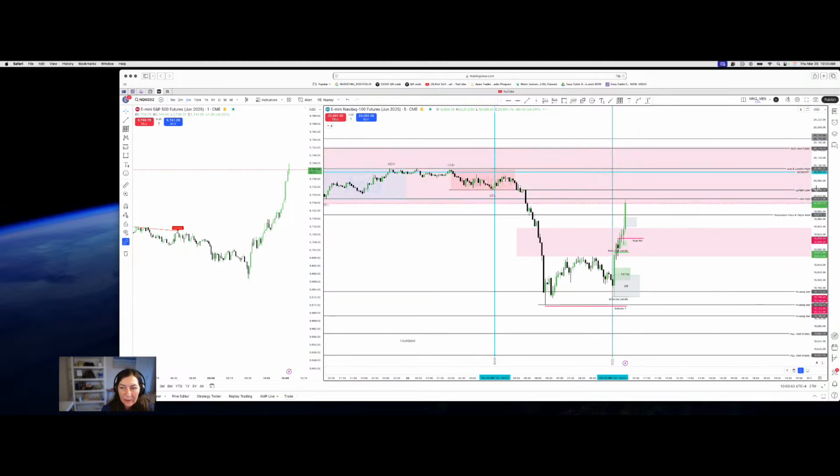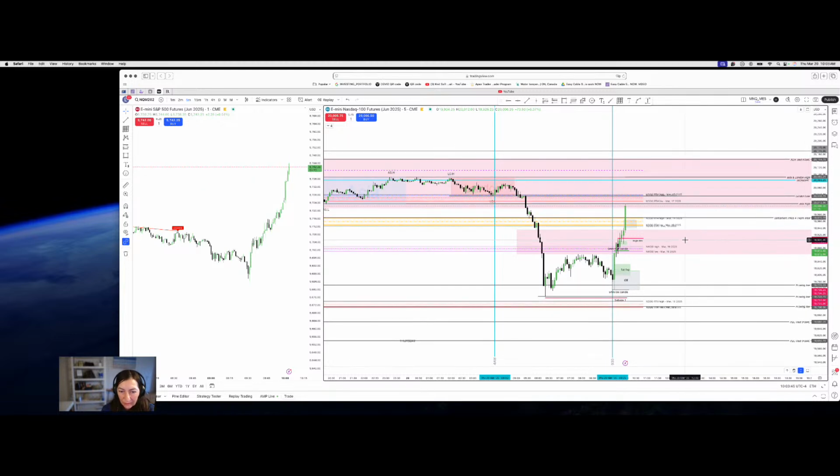Go back to the 5-minute chart. Here's my high. It's a 2-candle high. And I don't have another high that's created yet on the 5-minute.